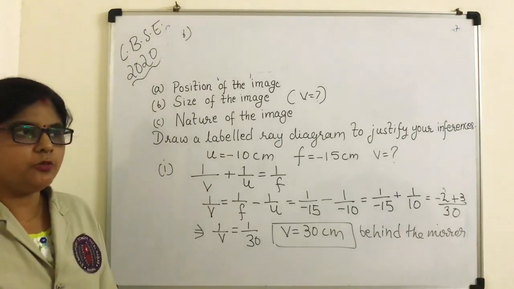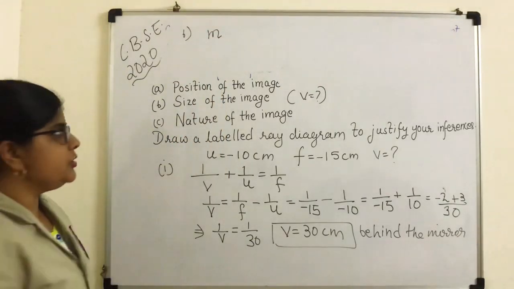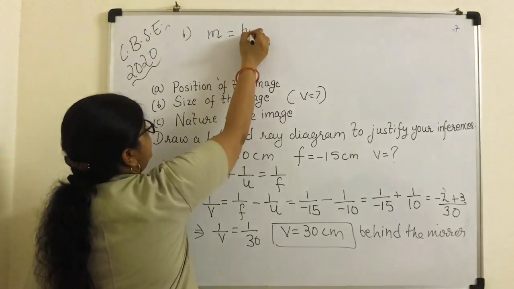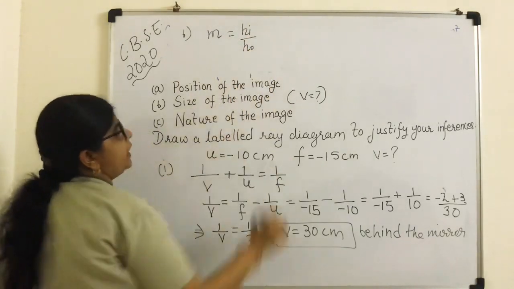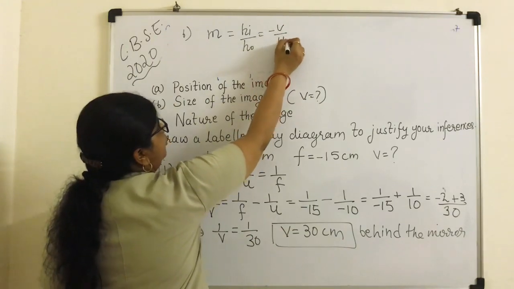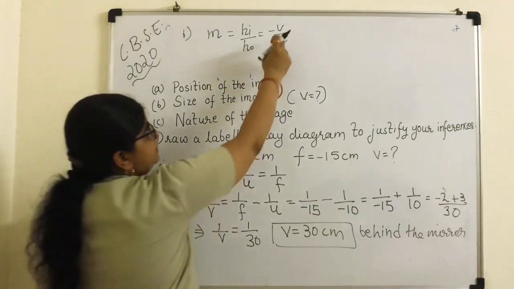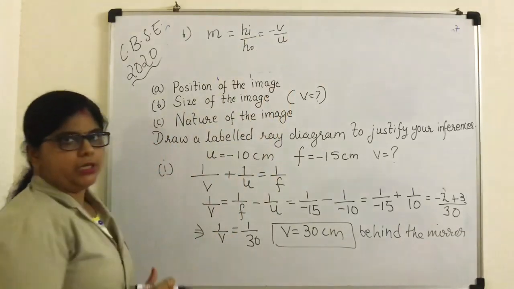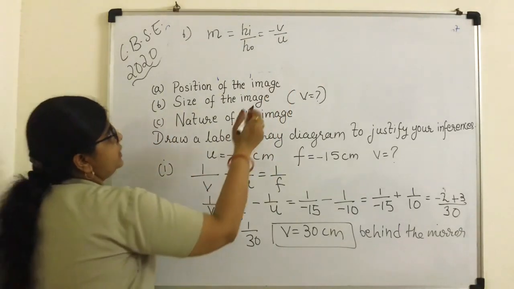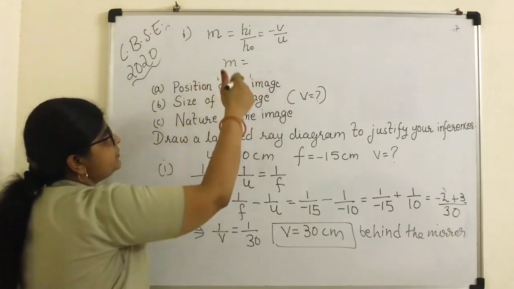Size means you need to find the magnification. Magnification is given by the formula, height of image by height of object, or we write it as minus v upon u. So children, what are v and u given here? Magnification is minus v upon u.